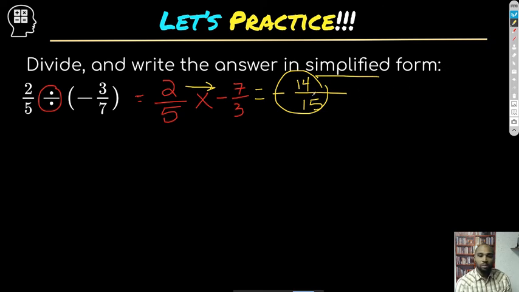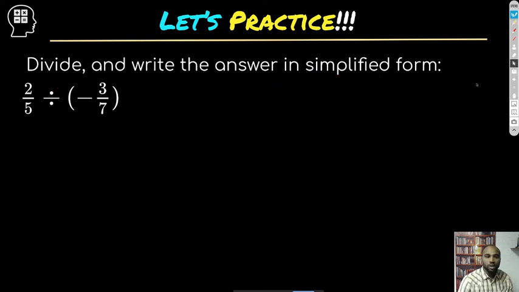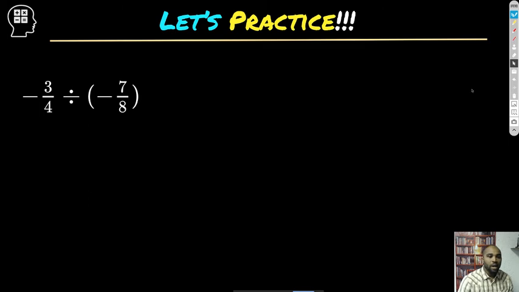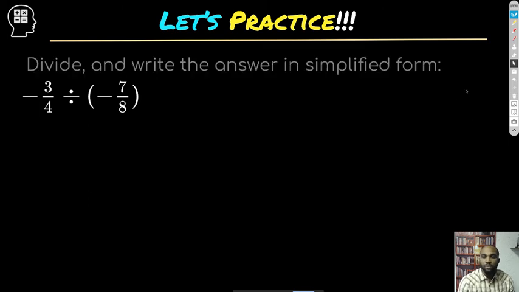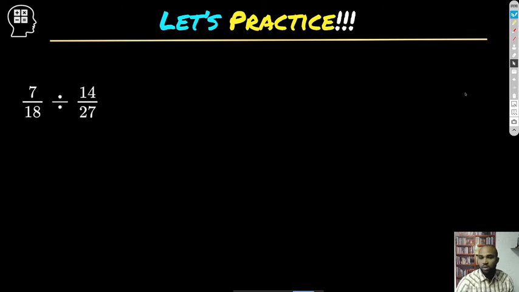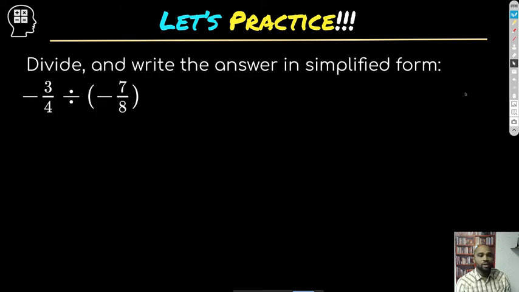So this is our simplified fraction after dividing those two fractions. Let's try another one. I encourage you to try this one yourself. What are you going to get as your answer if you divide -3/4 by -7/8? Pause it here and try to work that, please.